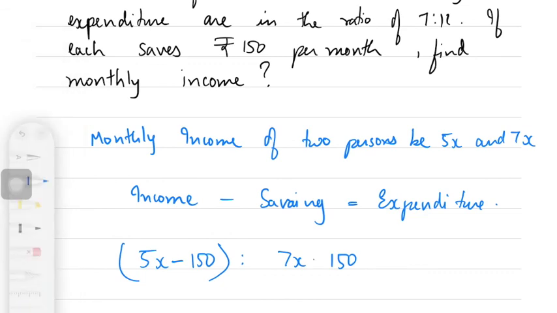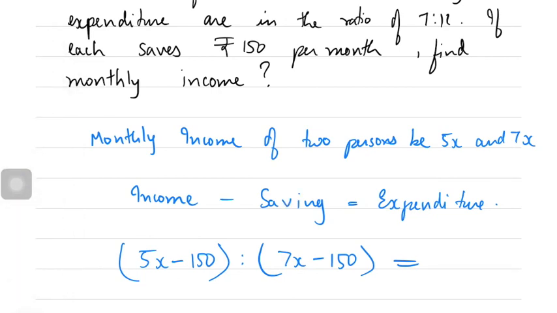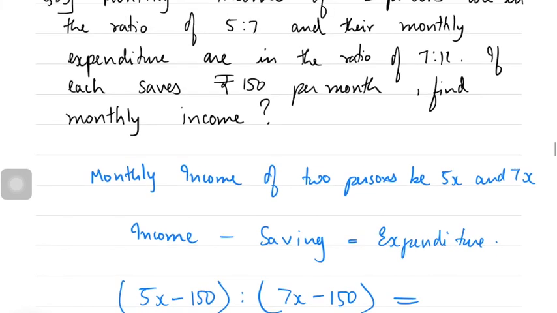So income minus saving is expenditure. So 5x minus 150 and 7x minus 150 are in the ratio of 7 is to 11.